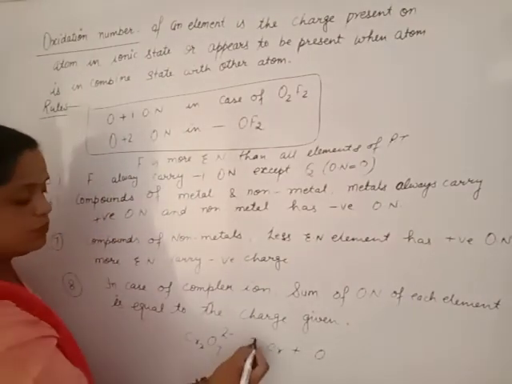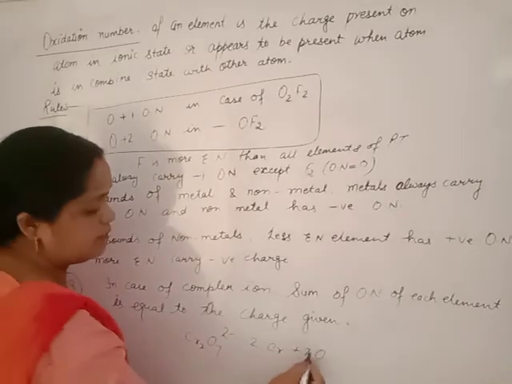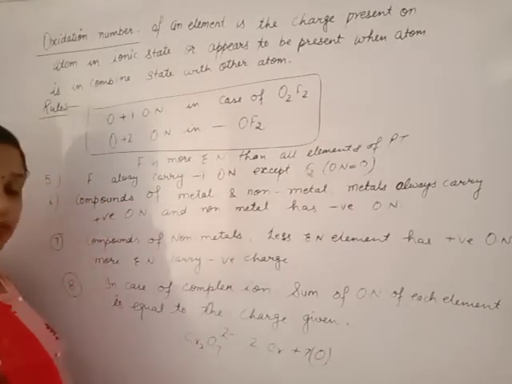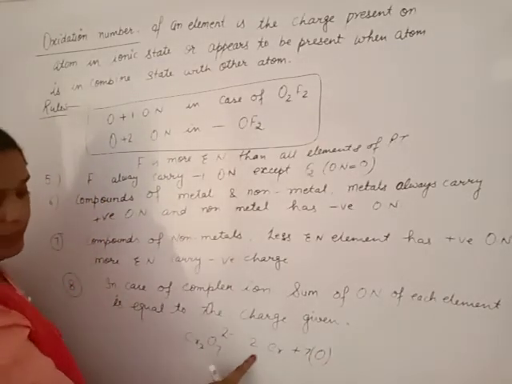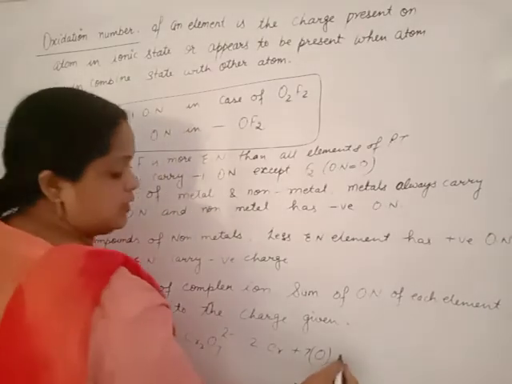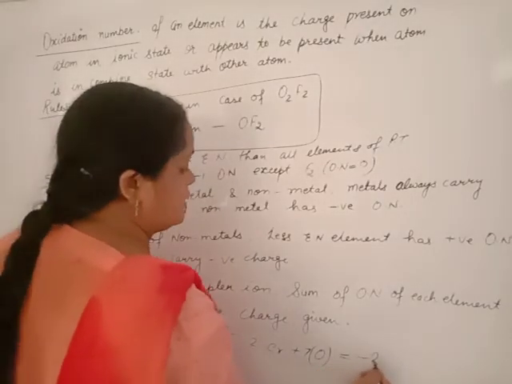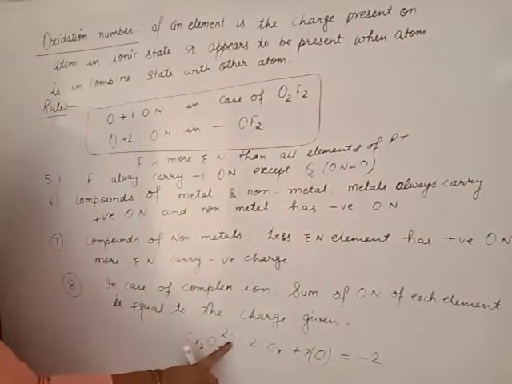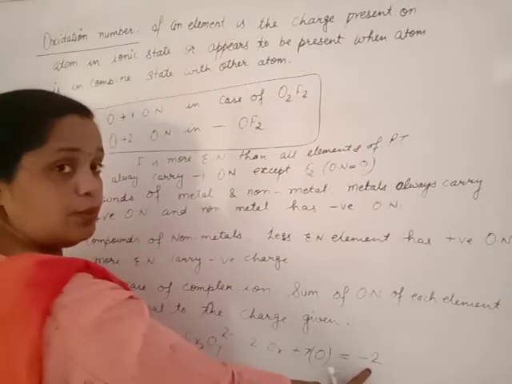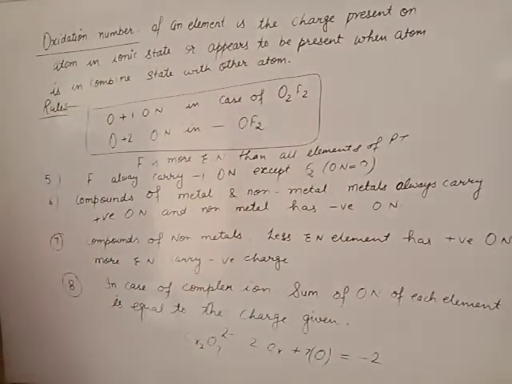How many chromium? 2. How many oxygen? 7. Sum of the oxidation number of each element is equal to the charge given. Given charge is -2. So it is equal to -2.